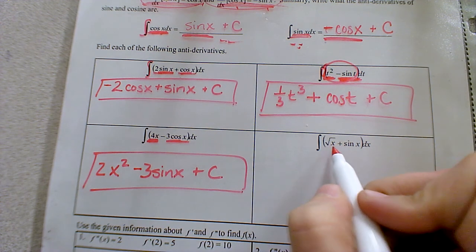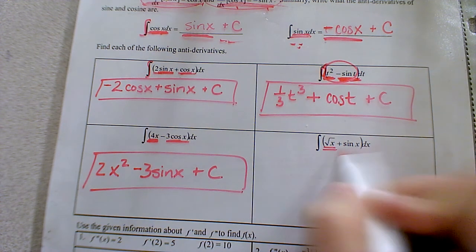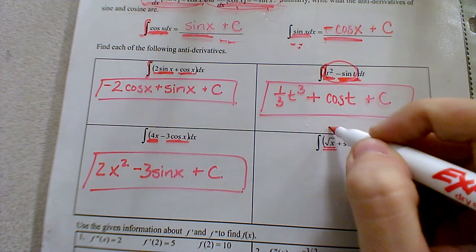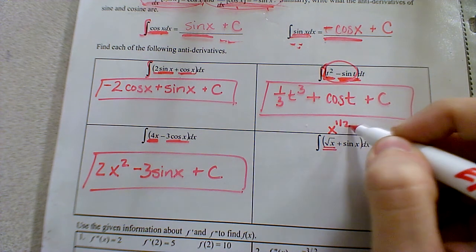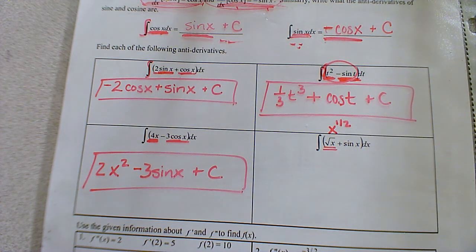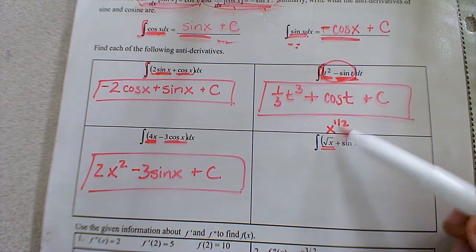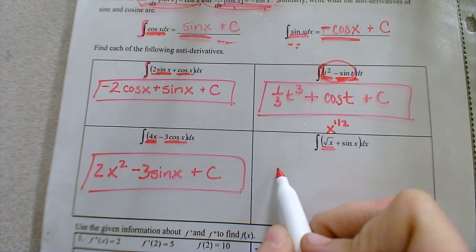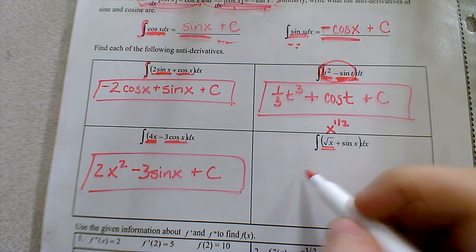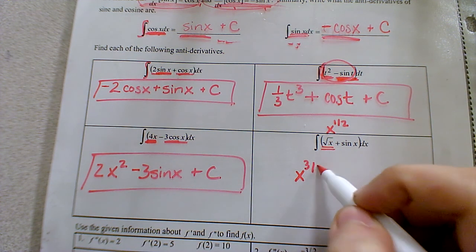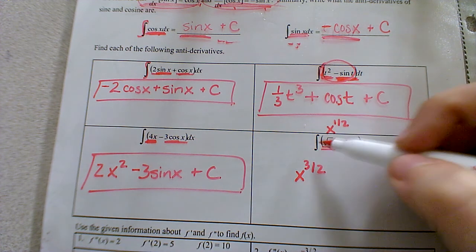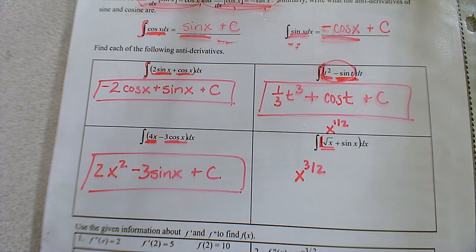Now for our next one, I should do a reverse power rule on the square root of x, but we need to make sure it's in polynomial notation, so x to a power. I suggest rewriting it. If I work backwards, we have to add 1 to the power, which would be 3 over 2, and then I have to divide the coefficient of 1 by the new power of 3 over 2.